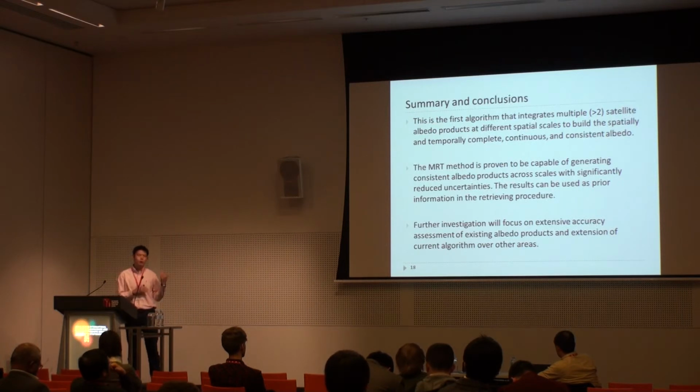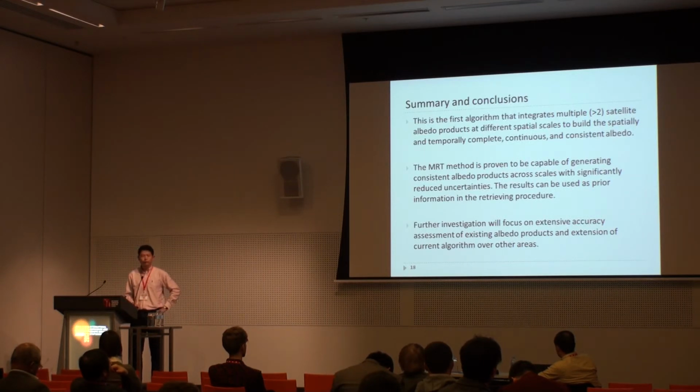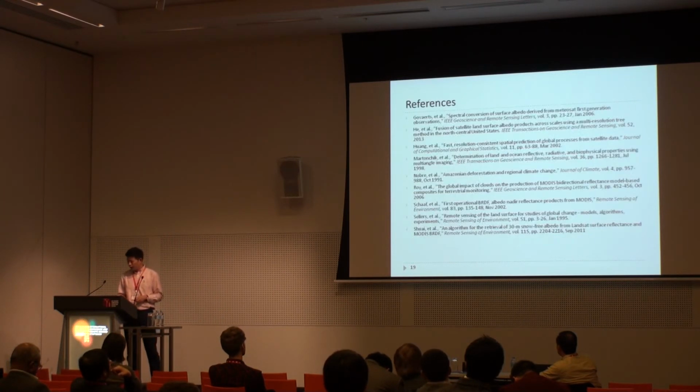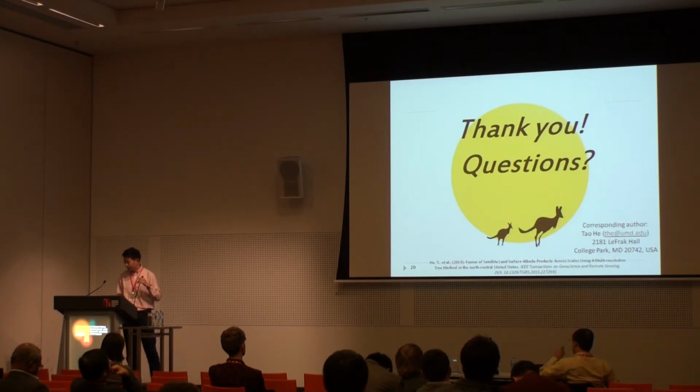And it also can be extended to other locations and time periods. But some more investigations are needed to evaluate the existing albedo products to provide this kind of accuracy assessment in order for us to carry out the data fusion. Some references, and thank you.